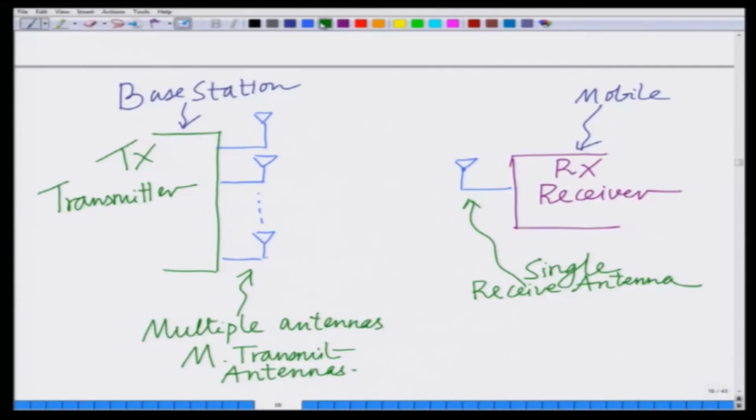So, we are considering a multi antenna downlink wireless communication scenario where the base station has multiple antennas and the mobile has a single antenna. Now, naturally, since there are multiple antennas, there are going to be multiple channel coefficients corresponding to these multiple antennas, and since there are M antennas, there are going to be M channel coefficients H1, H2 up to HM, right.